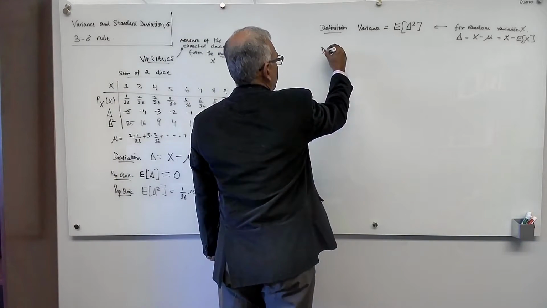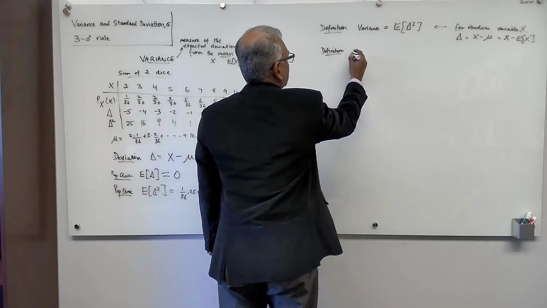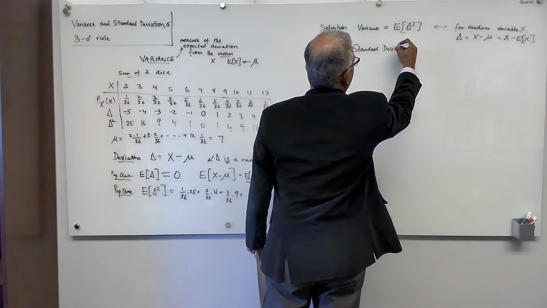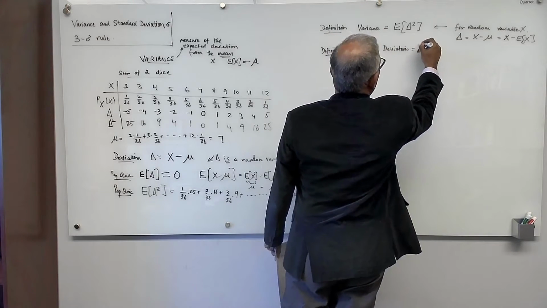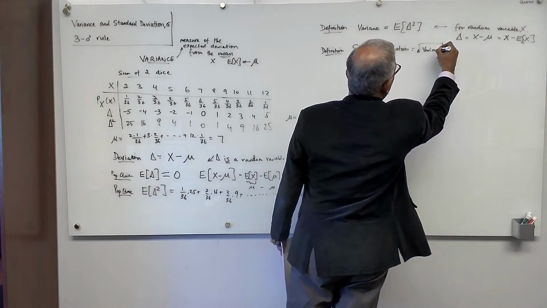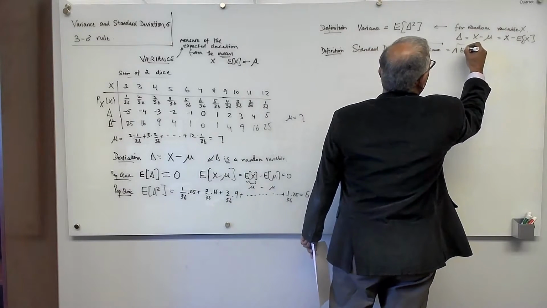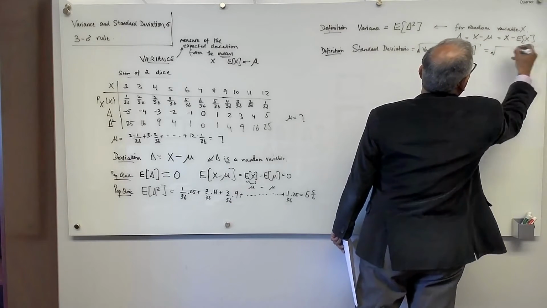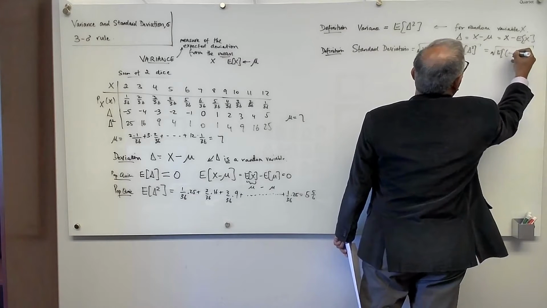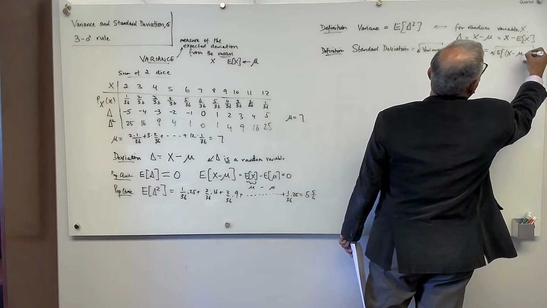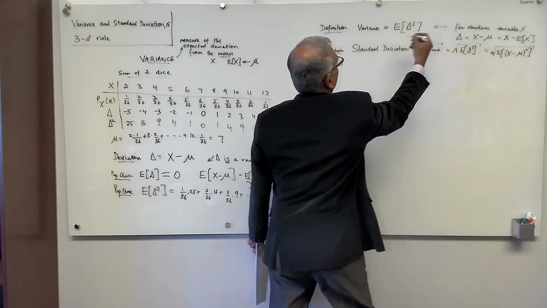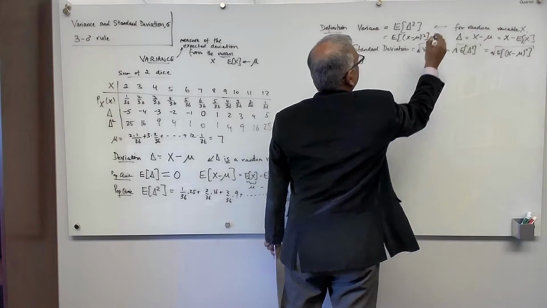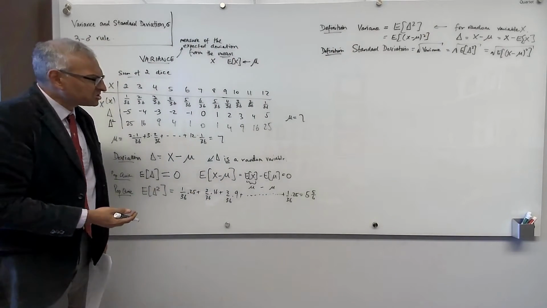So, definition: the standard deviation is equal to the square root of the variance, which is the square root of the expected value of the deviation squared, which is the square root of the expected value of the random variable x minus its mean squared. So that's the variance. Two important definitions.